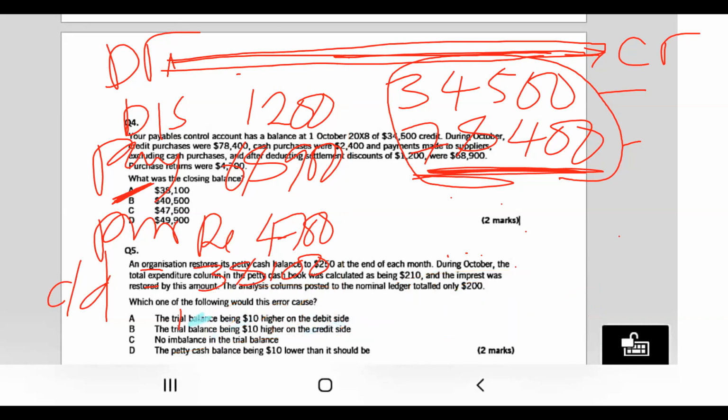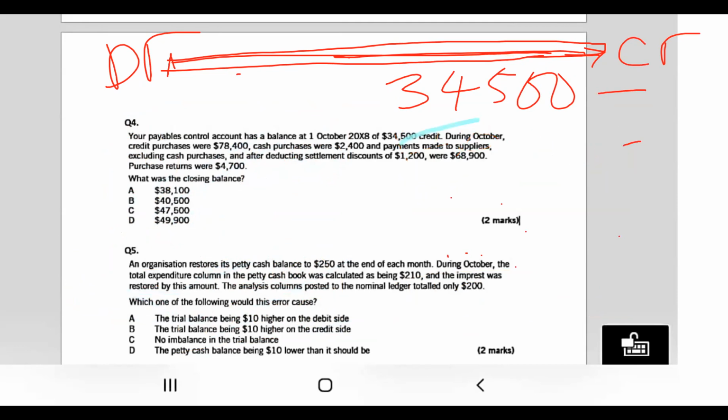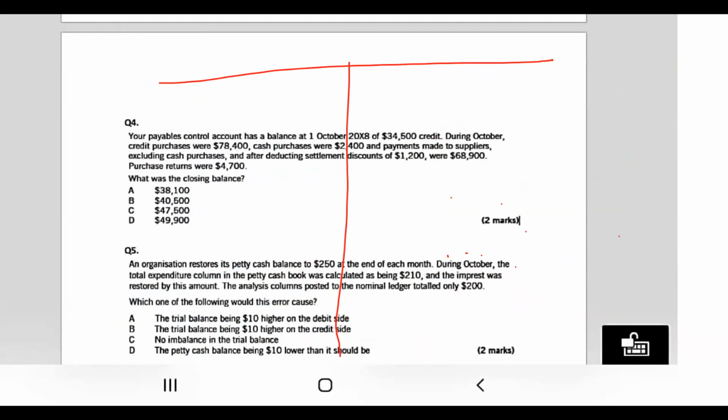That's about the payables control accounts. I just want to find out the payables account. The reason why we're doing, for example, if we say we returned something to the supplier, that means the entries which are there are not ours.